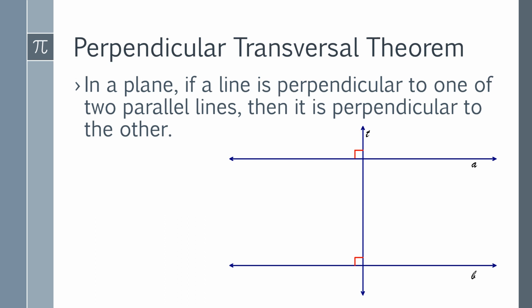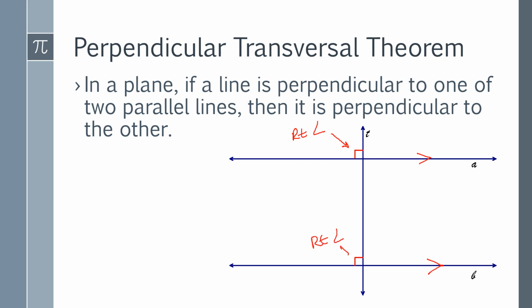All right, perpendicular transversal theorem. In a plane, if a line is perpendicular to one of two parallel lines, then it is perpendicular to the other. Well, if I'm told that line T is perpendicular to line A, I know that this angle is a right angle, right? Well, since corresponding angles are congruent, because both of these lines are parallel, then this angle down here must also be a right angle.